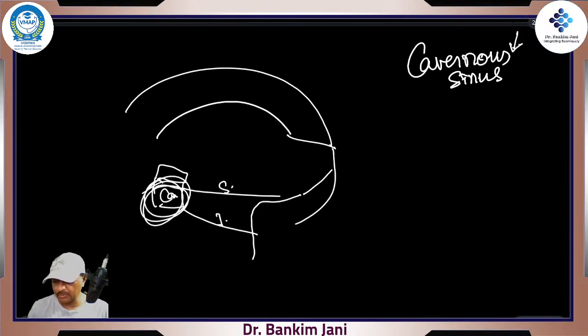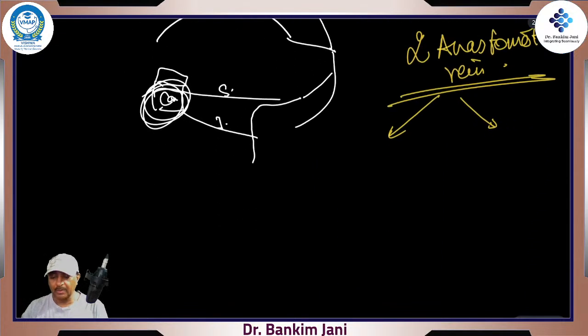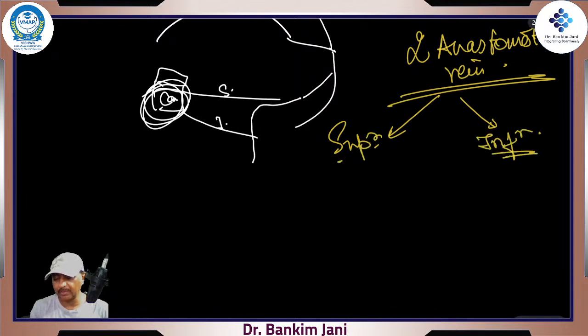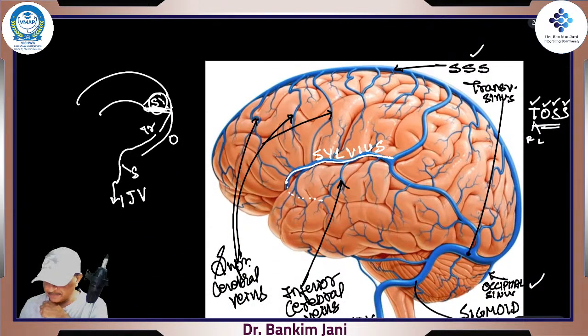Two more anastomotic veins, and both of them are in reference to our middle cerebral vein. One would be the superior and the second one is the inferior. We are talking about veins. So this superior one is called the vein of Trolard.